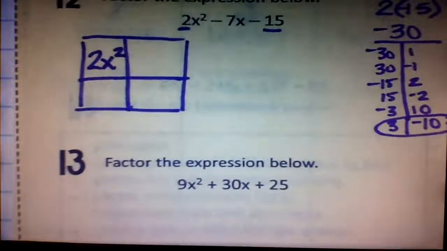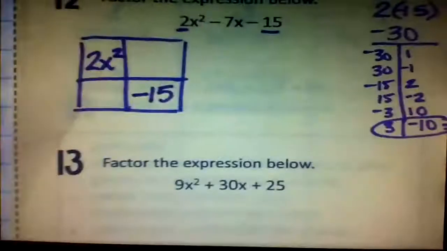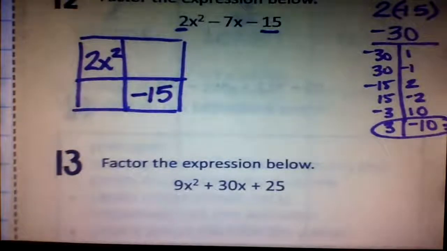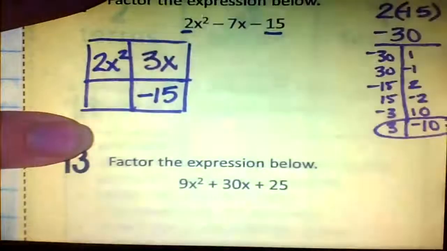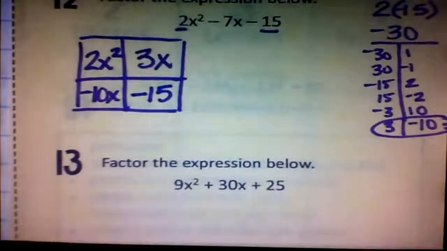In the bottom right square, I want you to put negative 15. Those other 2 squares, I don't care which one you put which, but your factors are going to go into those. So I'm going to put 3x here because it's a positive 3. And I'm going to put negative 10x here because it's a negative 10.